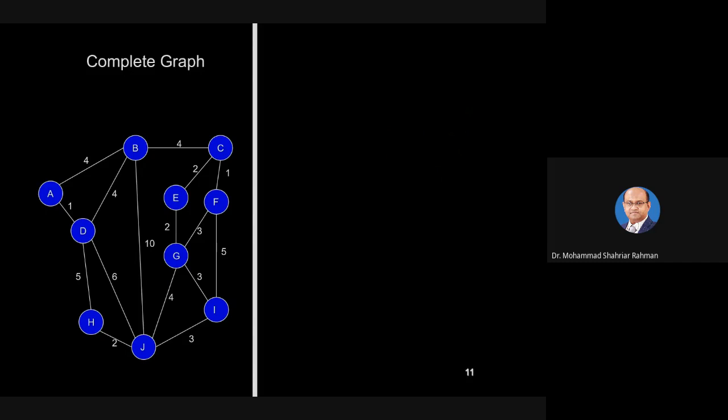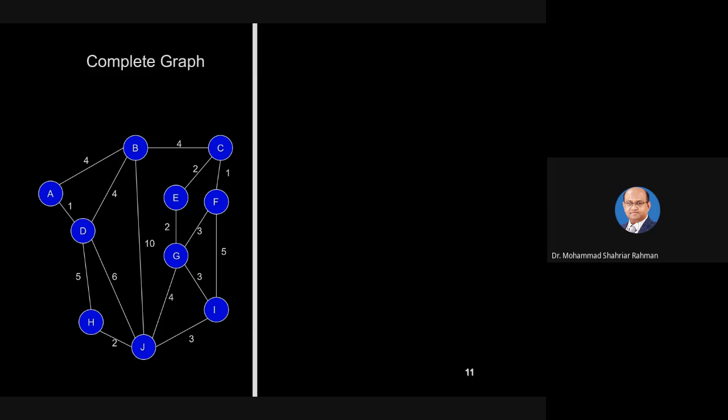So here is an example. On the left hand side, we have a given graph, complete graph, and from this graph we want to find the minimum spanning tree, and we are asked to use Kruskal's algorithm.